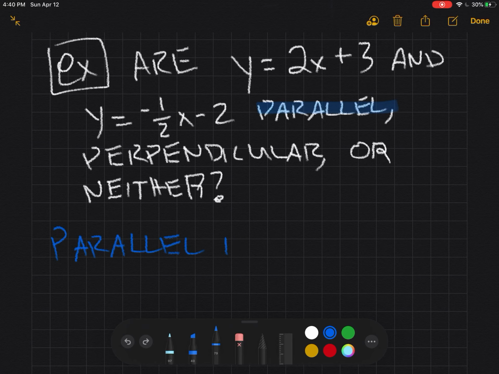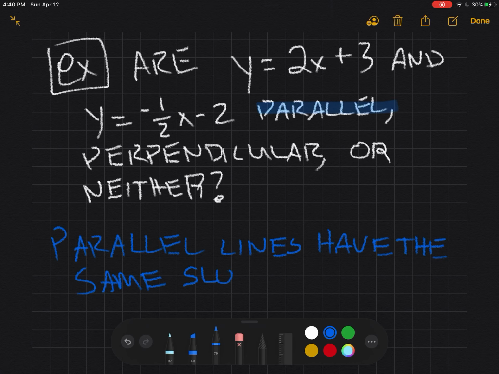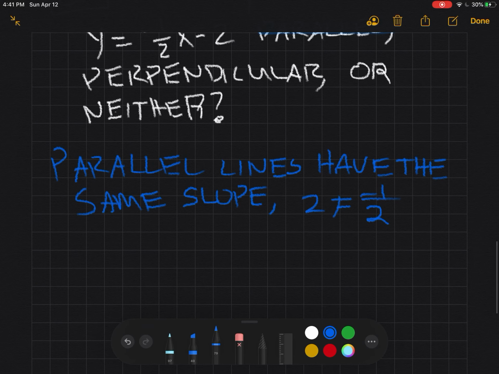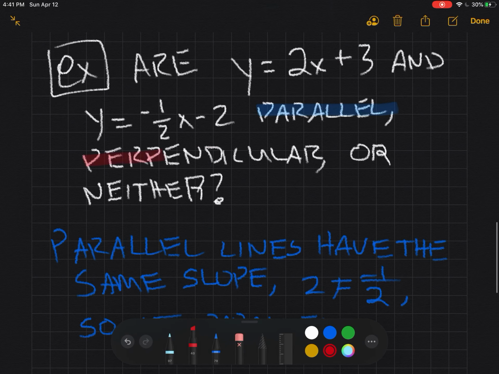That's what you have to figure out. So you have to remember, parallel lines have the same slope. And 2 is not the same as -1/2, so they are not parallel.